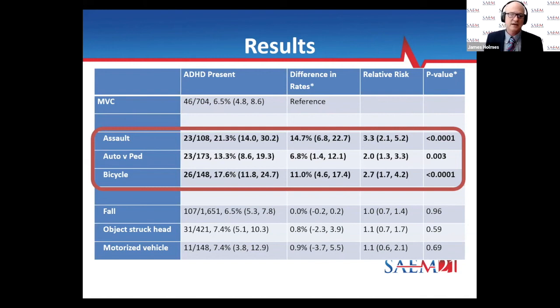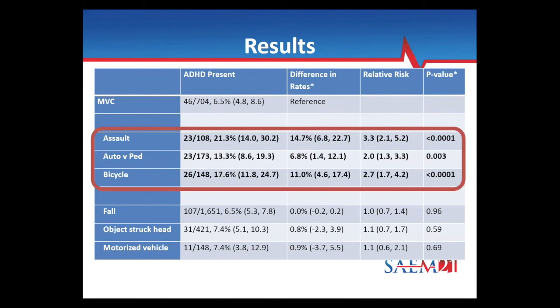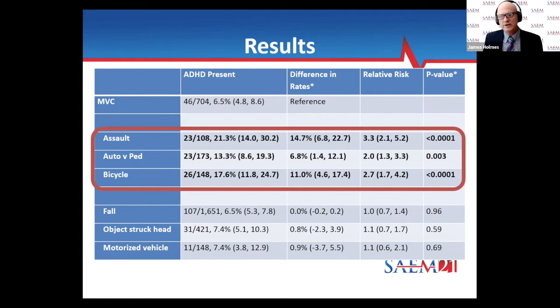However, you can certainly see how ADHD would play a role in auto versus pedestrian and bicycle accidents. Right, it's a fascinating association to show. There's one other study that just came out. We kind of got scooped. We were a little depressed about that. It recently came out on this topic and showed similar findings.